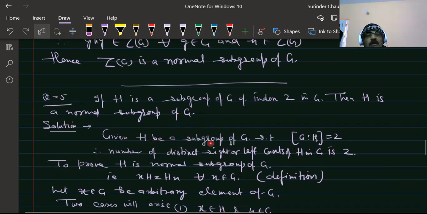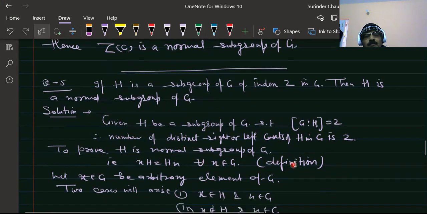Given is that H is a subgroup of G such that the number of distinct right and left cosets of H in G is 2. To prove is that H is normal.